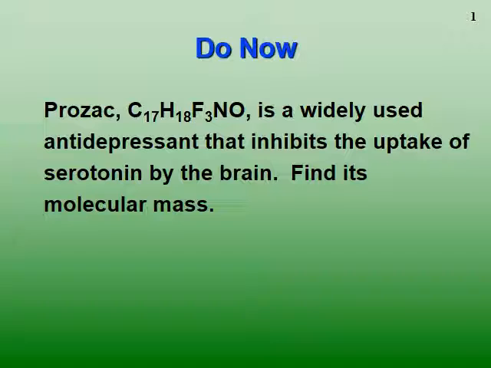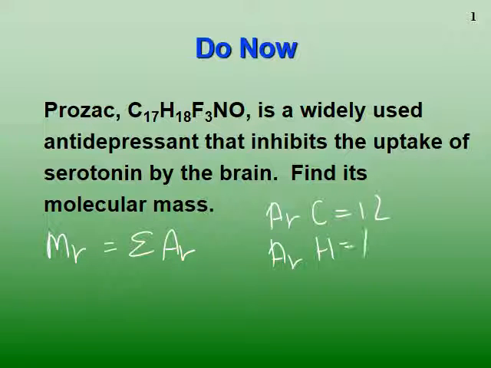Okay, so welcome back. Now remember that the relative molecular mass is going to equal the sum of all the relative atomic masses in the particular compound. Okay, so the relative atomic mass of carbon is 12. The relative atomic mass of hydrogen is 1.